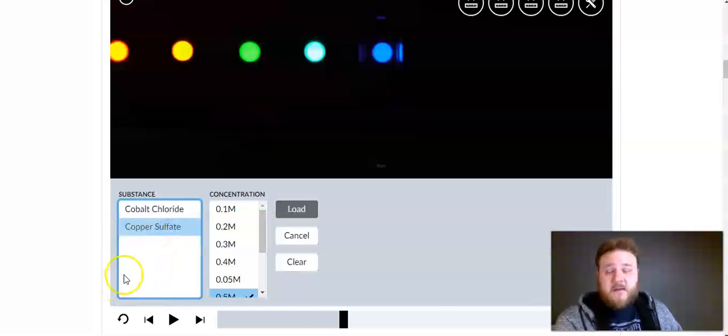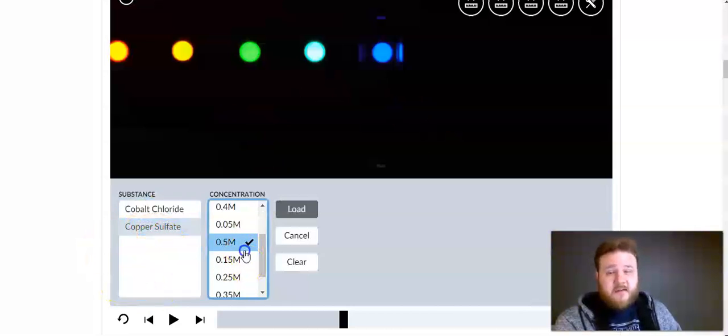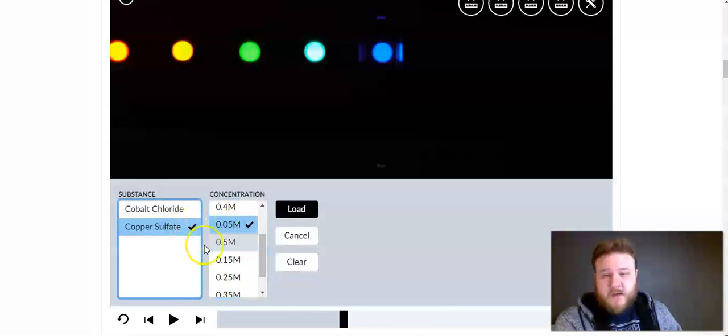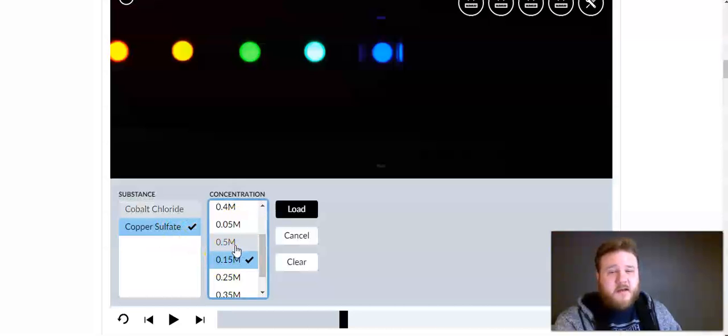For this lab, the instructions all give copper sulfate, so we're going to be looking at copper sulfate. Some of you may notice that copper sulfate doesn't give a 0.5 molarity. That's okay. Using 0.4 would be a good thing to play around with because it's the higher concentration, so it'll be easier to see the transmittance.